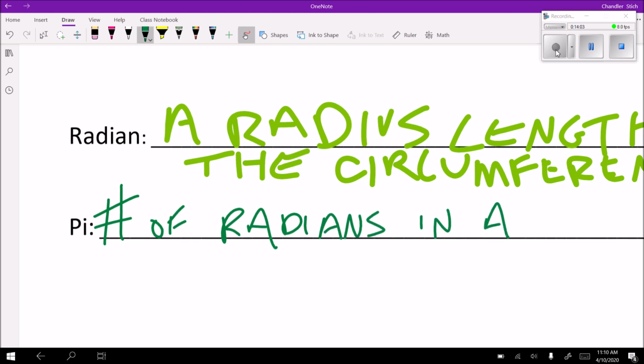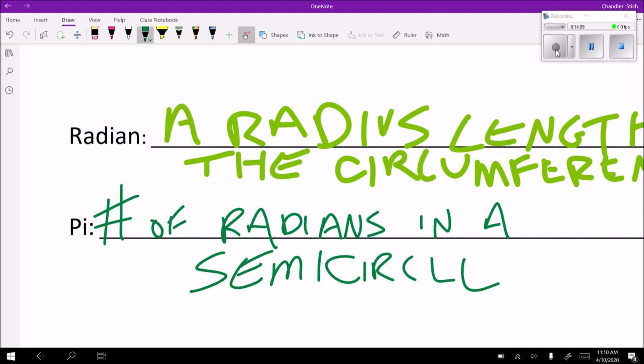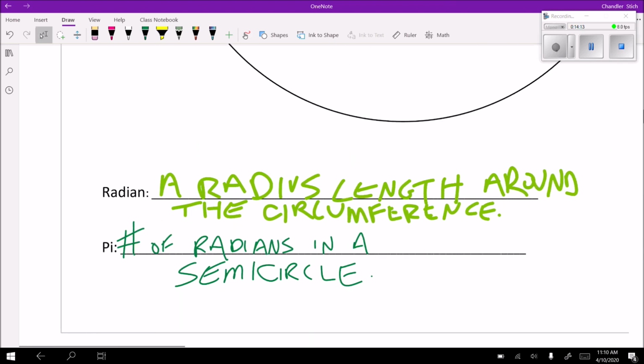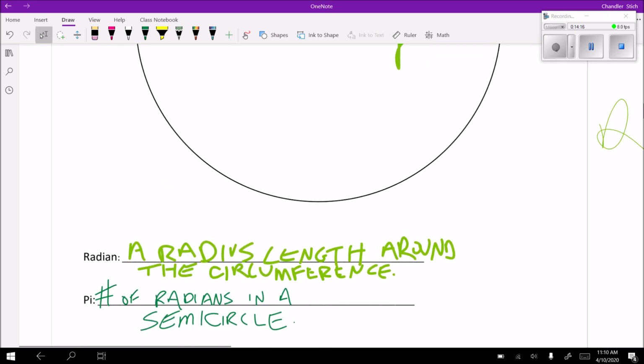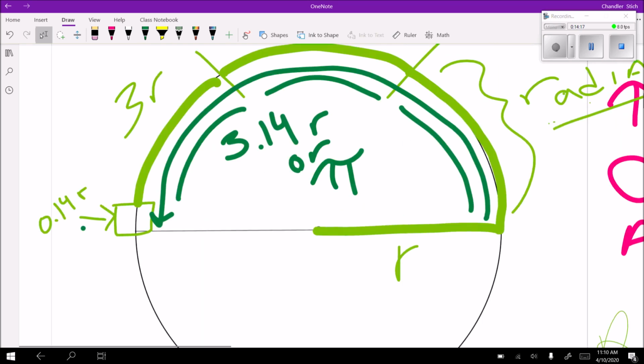The amount of radians in a semicircle. Pi, 3.14.